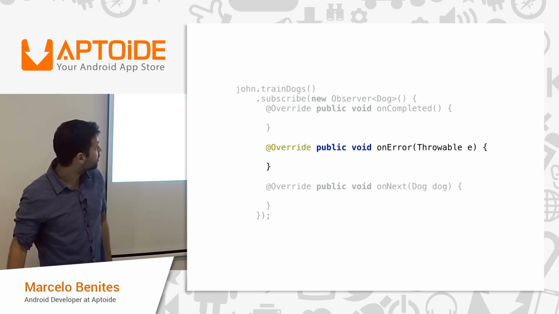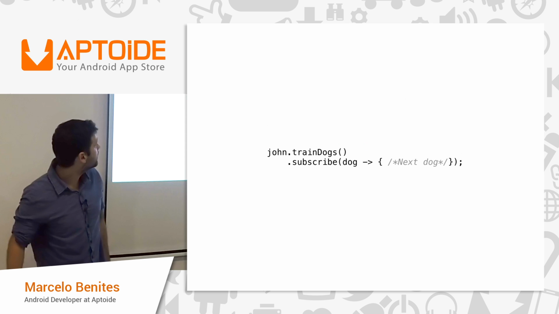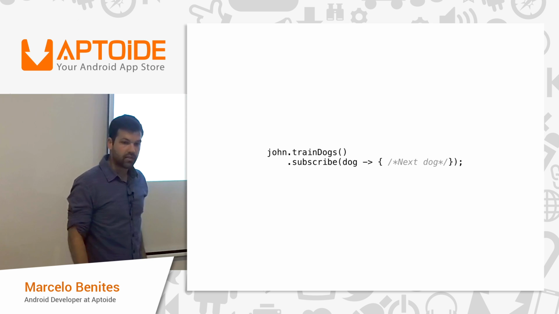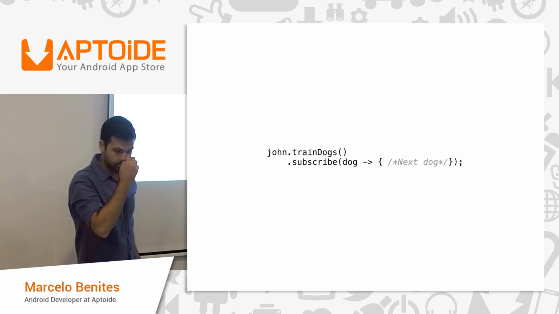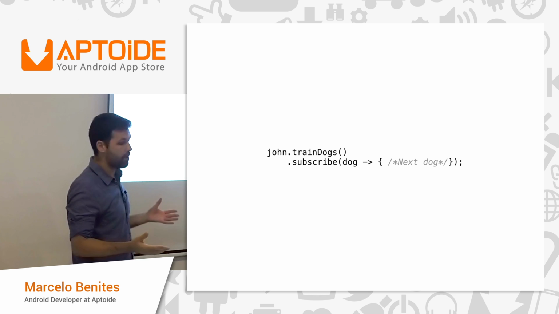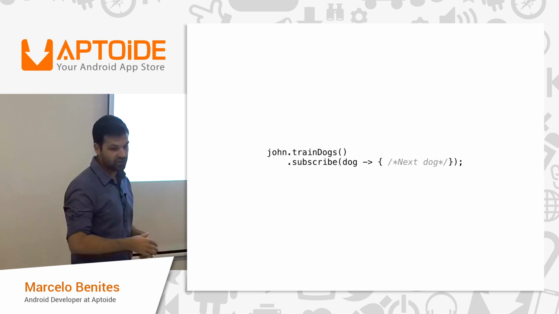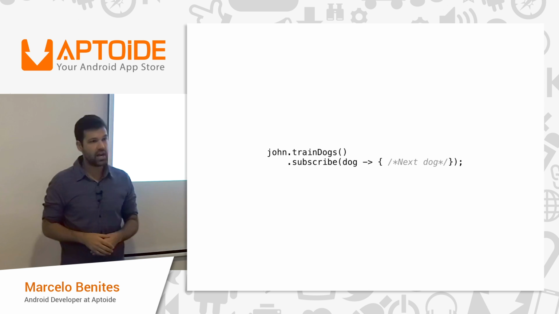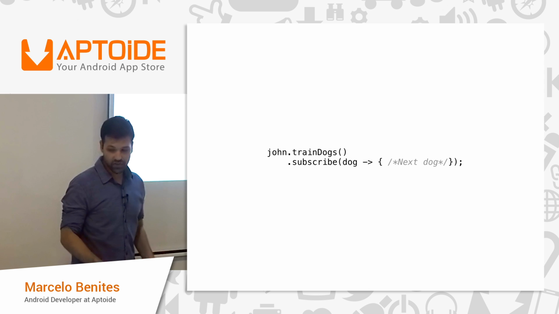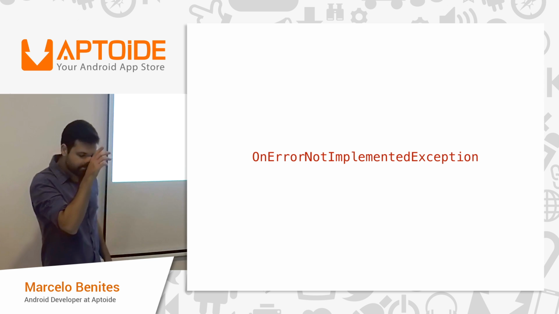But we have a different option. We can not implement the onError event because there is an overloaded subscribe method that will only care about the onNext event and won't care about the onCompleted event or the onError event. But if we do that and an error occurs, we'll get this exception.